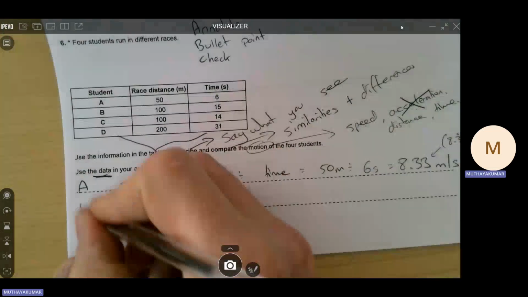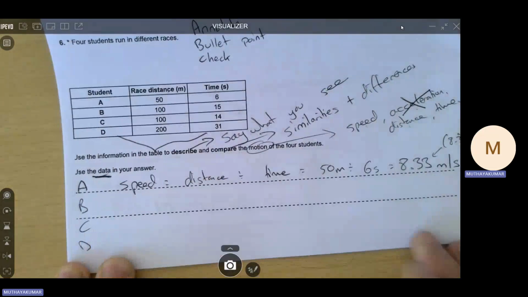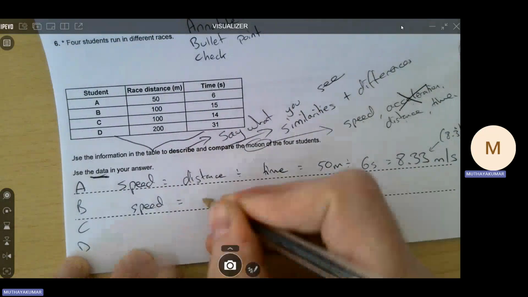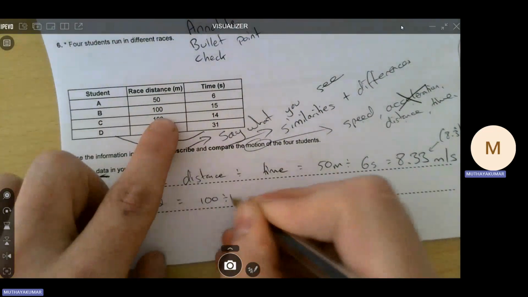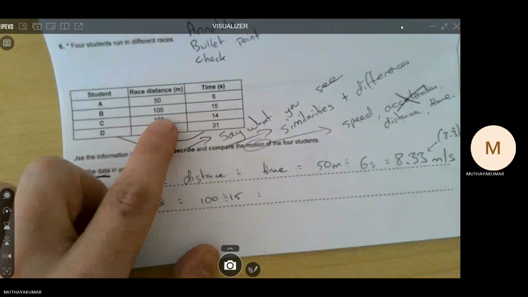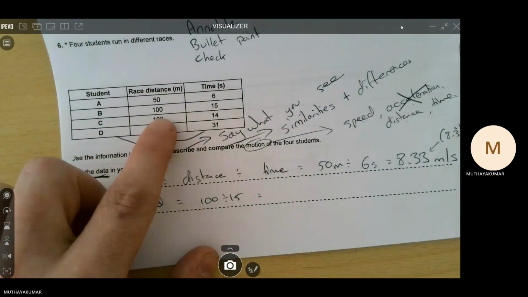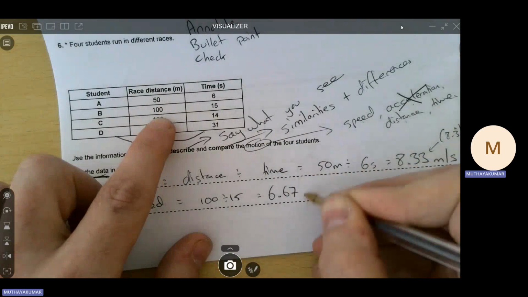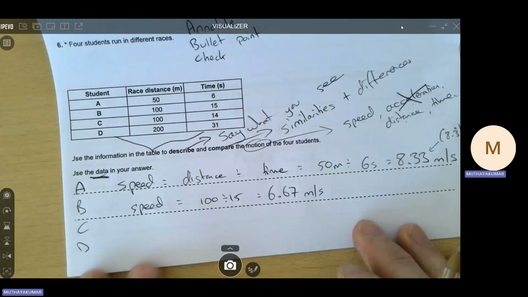I'm going to do this for B, C, and D quickly. So the speed for B is 100 divided by 15, which is 6.67 meters per second.